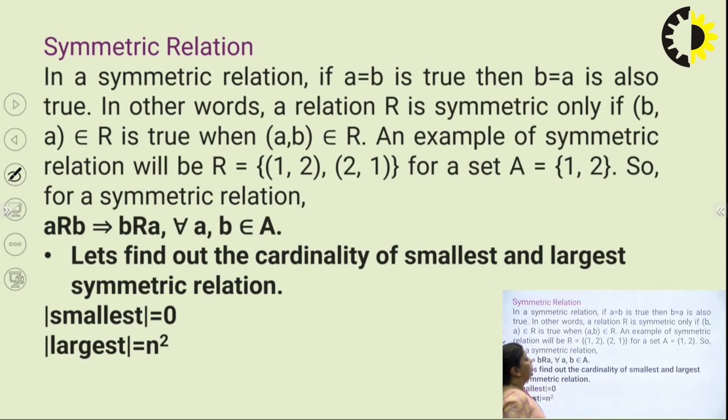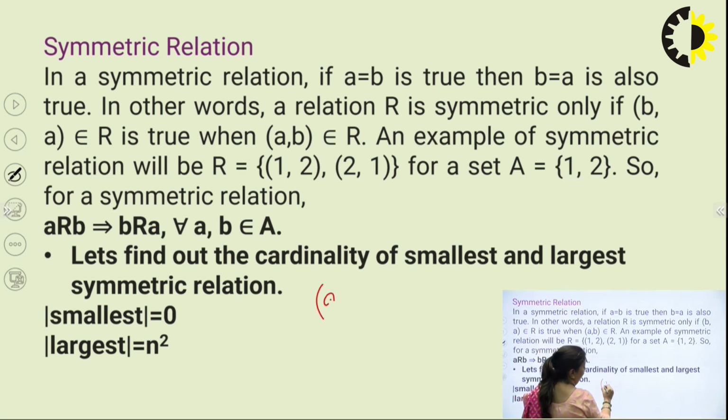Now, coming to the next type of relations, these are known as symmetric relations. So, when can we say that a relation is symmetric? Suppose I have a set A which contains the elements 1, 2 and 2, 1. This is the relation which is defined on a set A which has two elements 1, 2. Now, since we have a pair A, B, that is 1, 2, then I need to have the pair B, A for this.